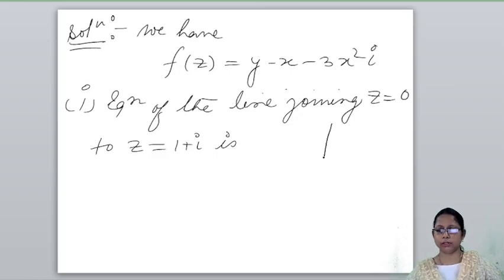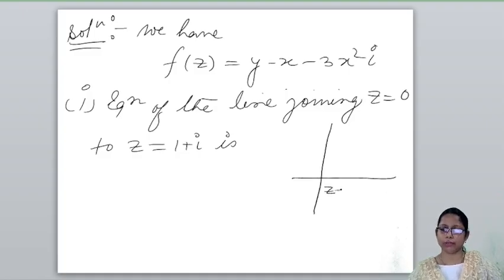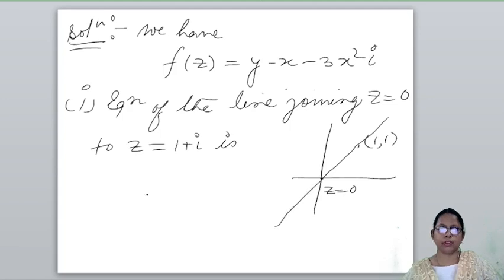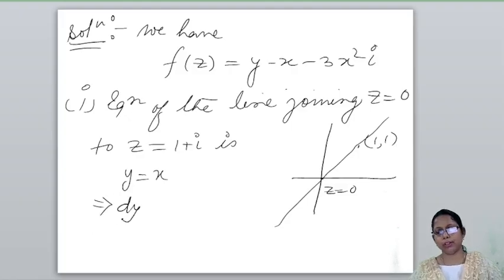If you draw this, z equal to 0 and z equal to 1 plus i, and join the line, you will get y equal to x. This implies dy equal to dx. We know that z is equal to x plus iy.